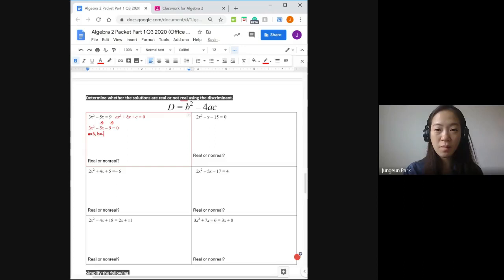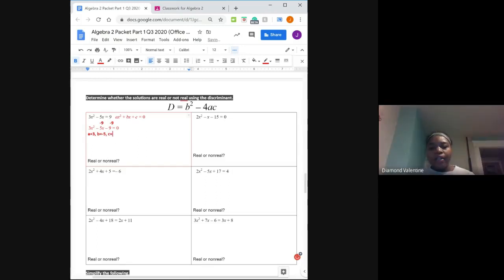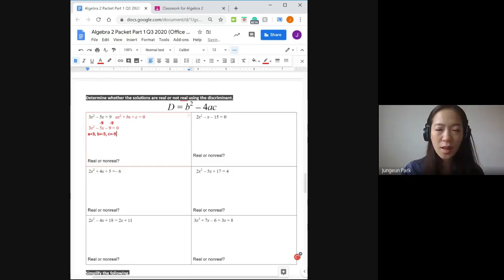Very good. I'm glad you said -5 instead of just 5, because a lot of students forget about the sign. And C would be -9. Very good. Now all you have to do is plug these numbers into the discriminant, b squared minus 4ac, and find the answer.